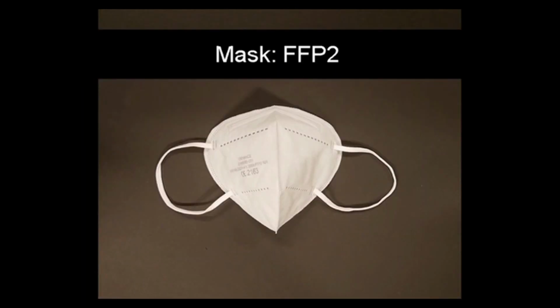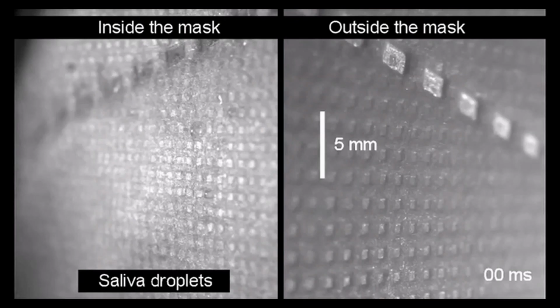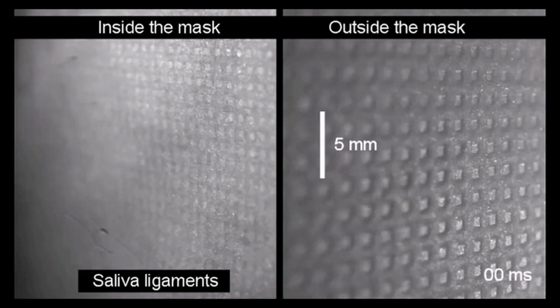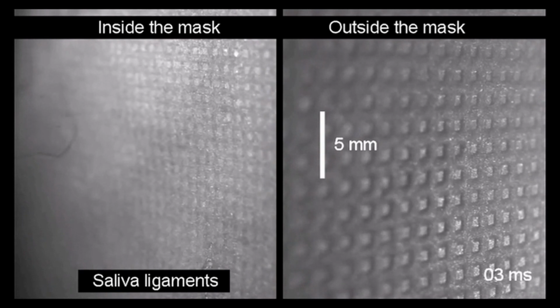The FFP2 mask, once again, we can see saliva droplets impacting inside, as shown here, as well as saliva ligaments exhaled when sneezing.